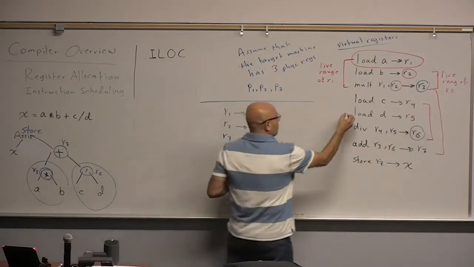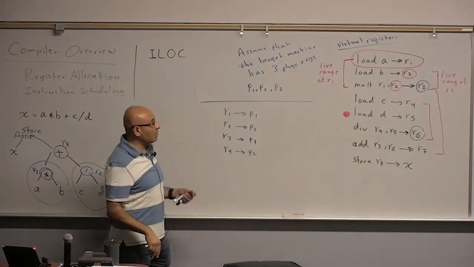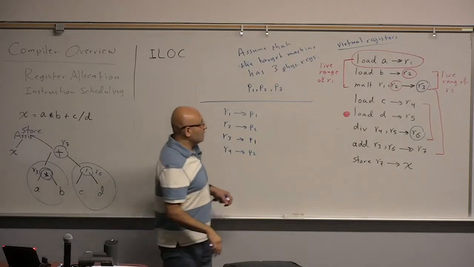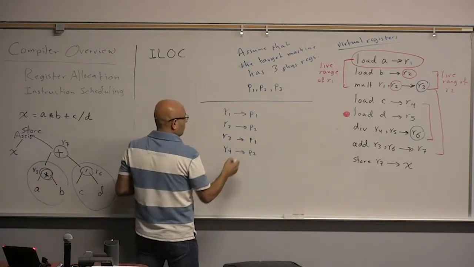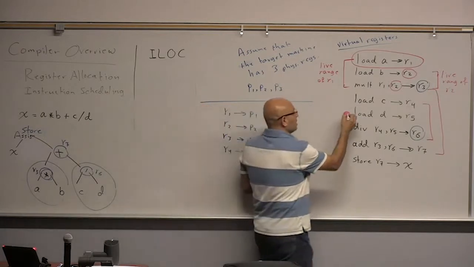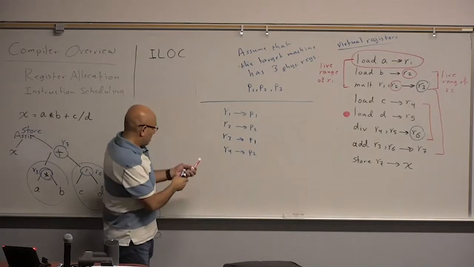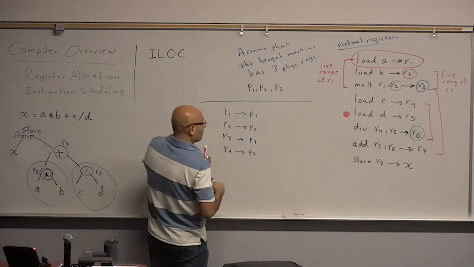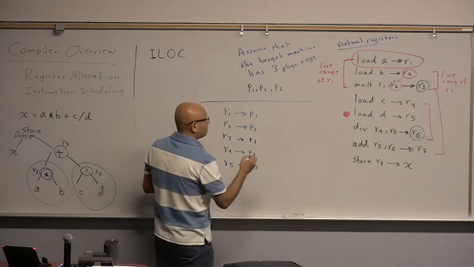So at this point, R3 and R4 are still live. So we cannot use the registers P1 and P2 for them. We must use a third register. Clear? Okay. So for R5, we must use P3.